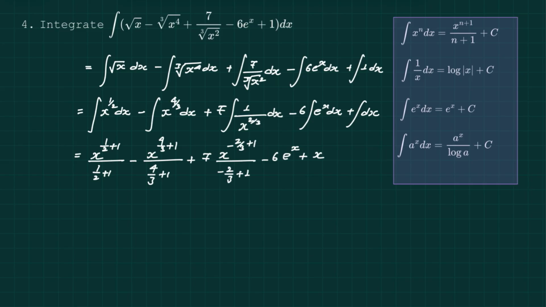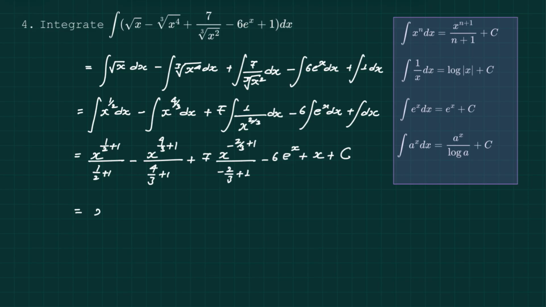And since for each and every term there will be a constant of integration, but all those constants get added, we will write one constant of integration for all integrals. So now let us simplify this.